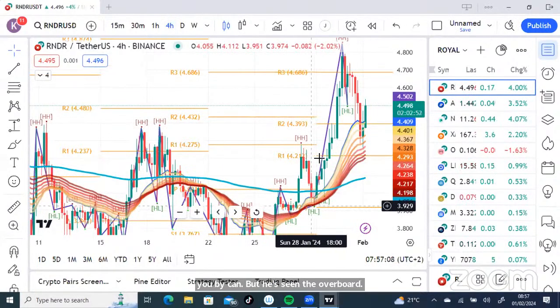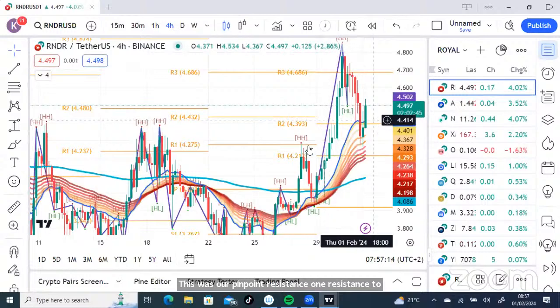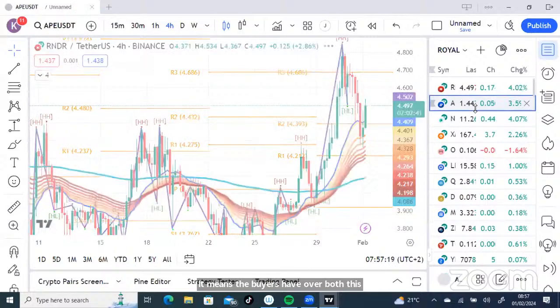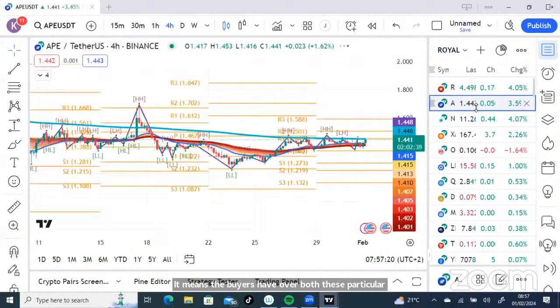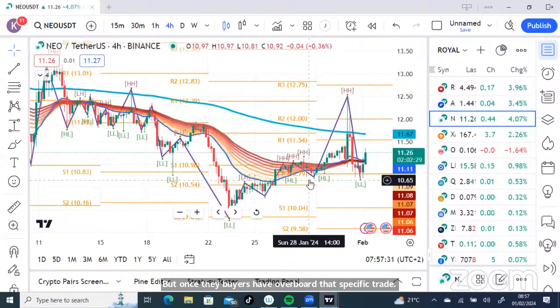This was a pivot point. Resistance 1, resistance 2. It means the buyers have overbought this particular cryptocurrency. I don't say you can't trade it using support and resistance, you can. But once the buyers have overbought that specific trade, if you compare Radar with NEO, which one is better?